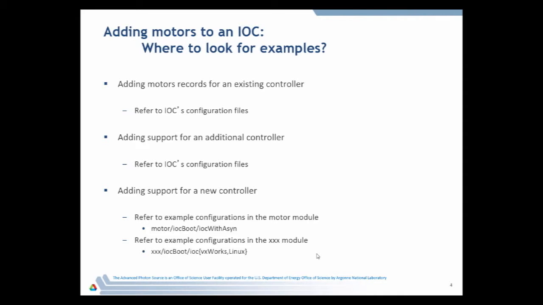If you want to add a new controller, you very likely need to refer to either the motor module or XXX. And even when you're doing that, you still shouldn't have to write anything by yourself. You should just be copying and pasting and modifying a few important values. If you have to do something other than that, we did not do a good job of providing you some examples.